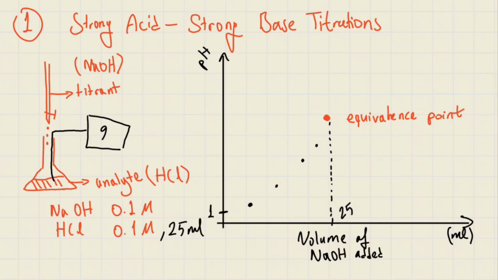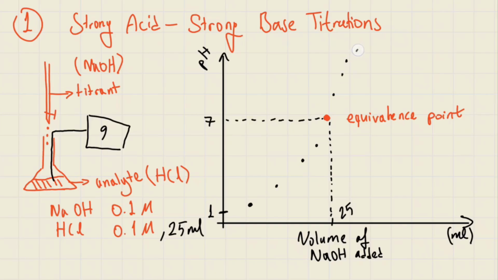So in this case we will have the equivalence point when the added sodium hydroxide is 25 milliliter. But if we add more, then the pH will start to rise, and in the strong acid-base titration, at this equivalence point, pH will be equal to 7.